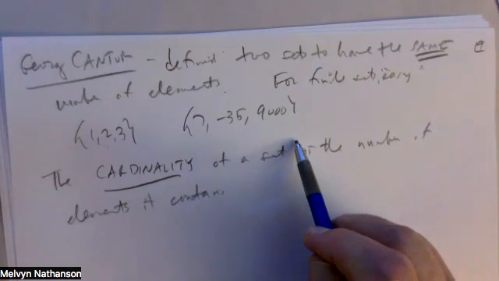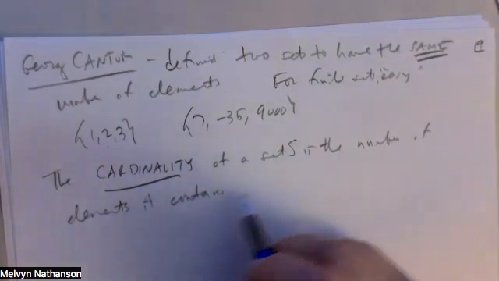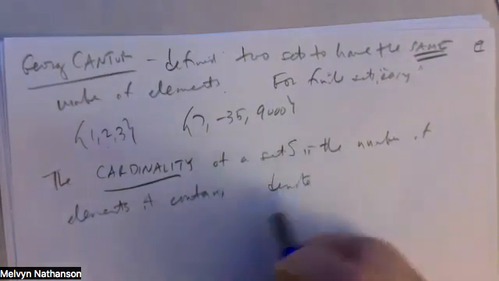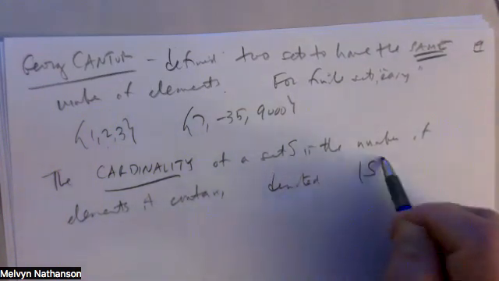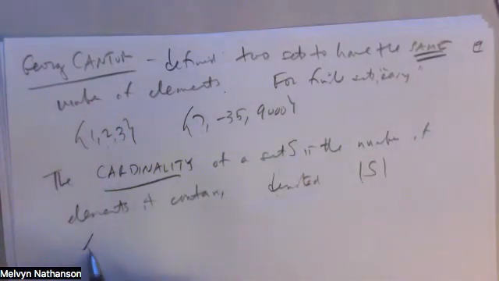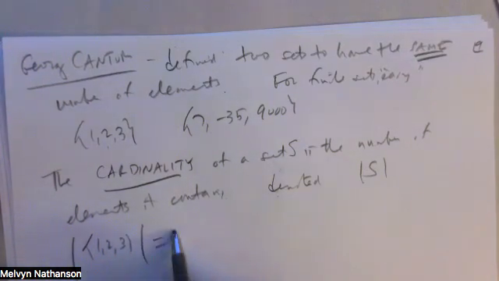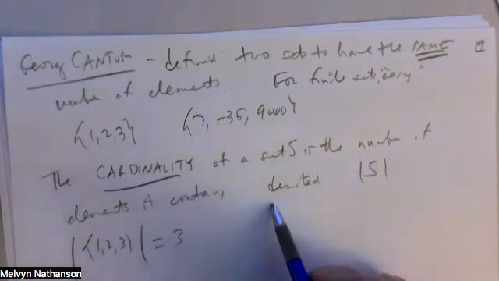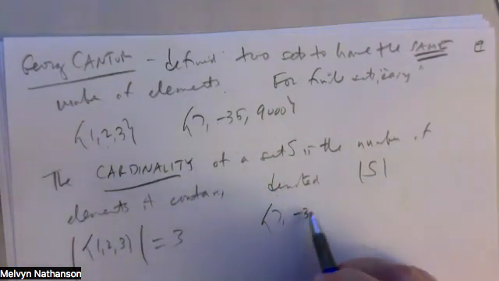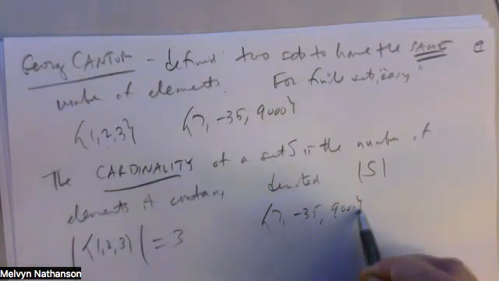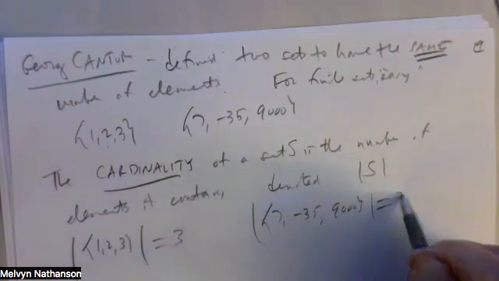The cardinality of a set S is sometimes denoted by S in absolute value signs. So if I take the set 1, 2, 3, the number of elements in that set is 3. And if I take 7, minus 35, 9,000, the number of elements in this set is 3.